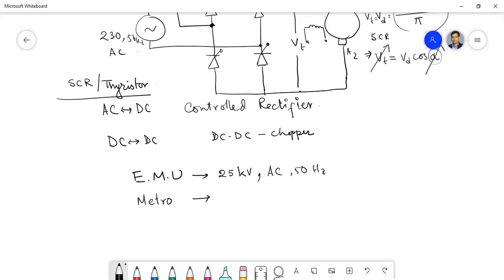Yes, what is the color of that line? Is it red? Yes, it's red. And what is the voltage level? Sir, it is DC, that I am sure, but the voltage level I'm not sure. It is 750 volt DC.